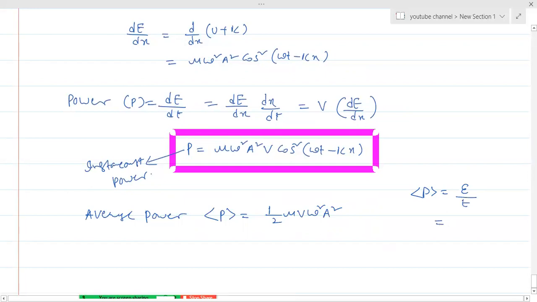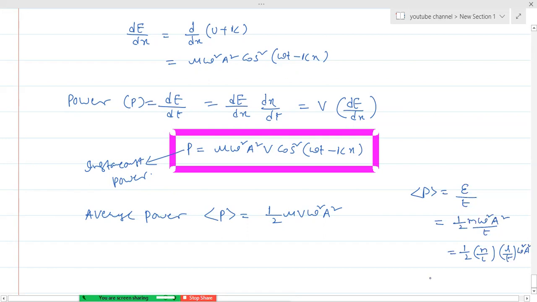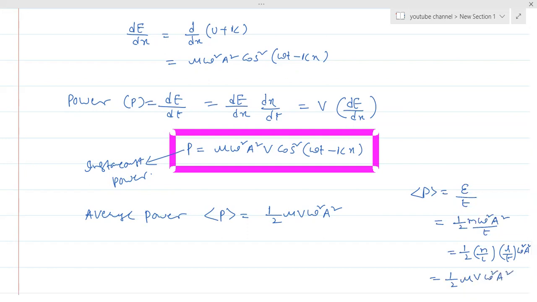As we know, the particles are executing SHM, so I am taking SHM energy, half m omega square a square, by t. Mass means area into length into density. Or we will take it like this: half into m by l into l by t into omega square a square. Half, m by l is the linear density and l by t is the wave velocity, times omega square a square. In this way we will easily remember it.